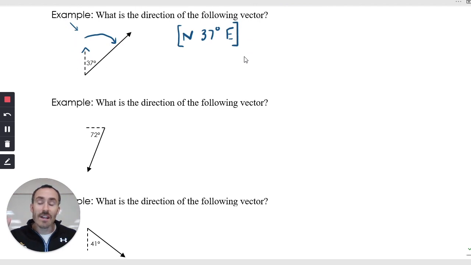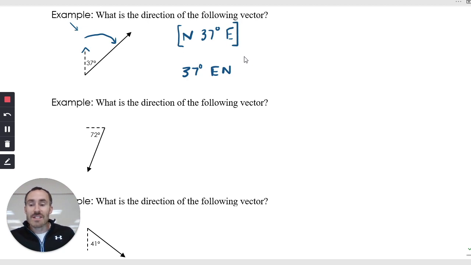You can also write it in any of those other ways. So it would be totally valid to write 37 degrees east of north, because you started at north and you rotated east of north. So east of north, that works totally fine.